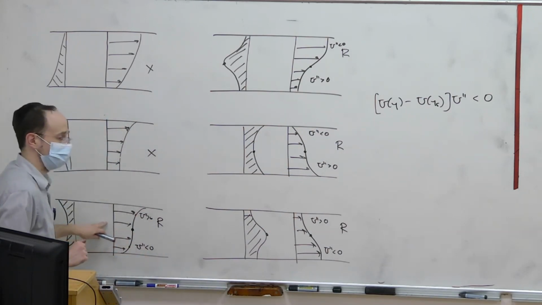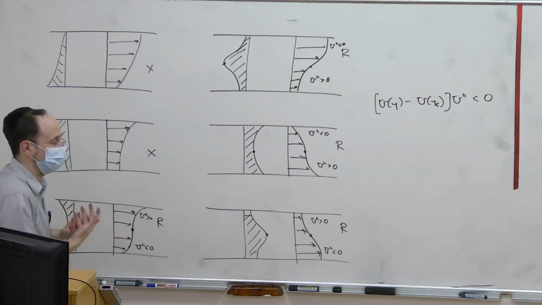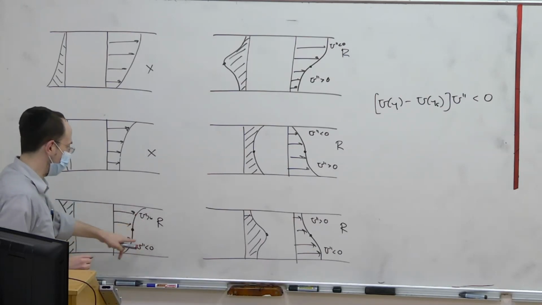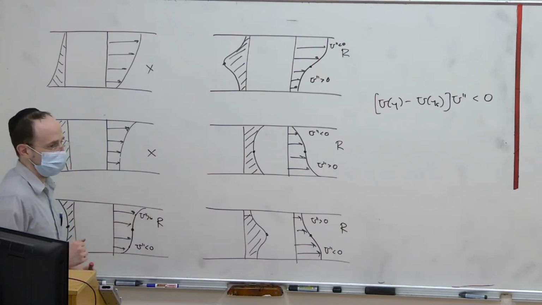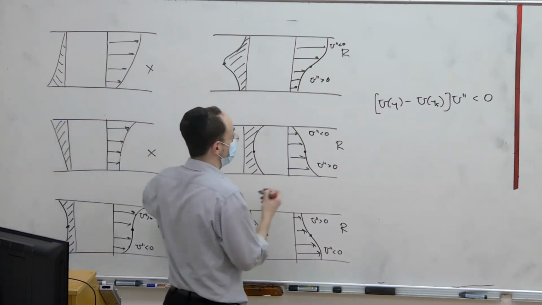This is not considered unstable, or doesn't satisfy the necessary condition for instability for the Fjortoft criteria, only for Rayleigh. So Rayleigh would have said, sure, this could be an unstable flow. And Fjortoft would say, no, it doesn't satisfy the necessary condition for instability. Go to the next one.